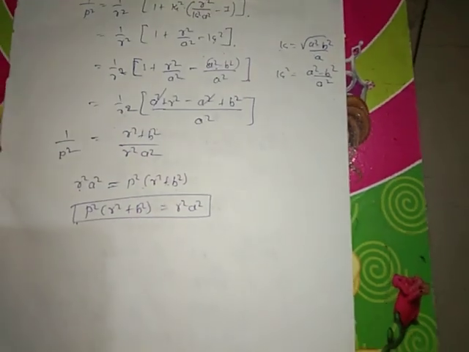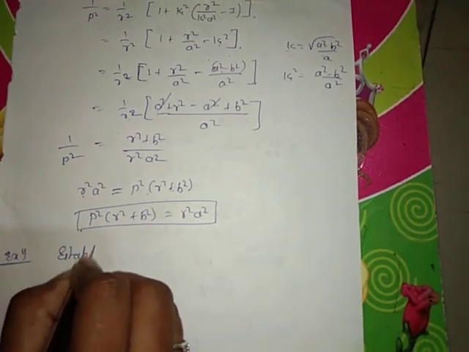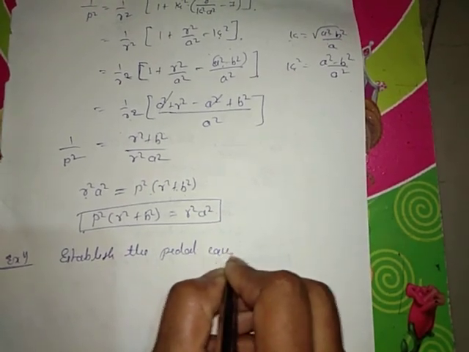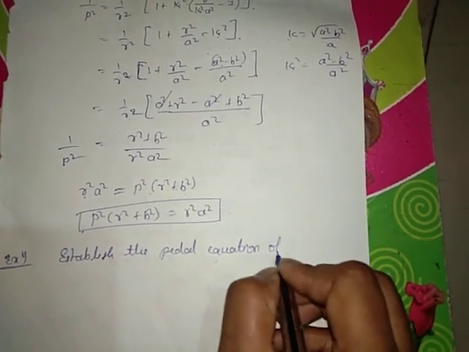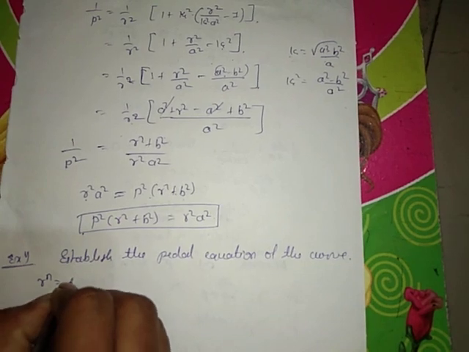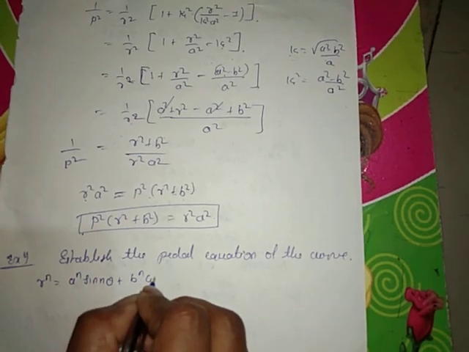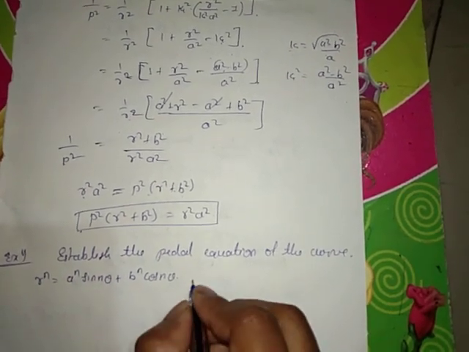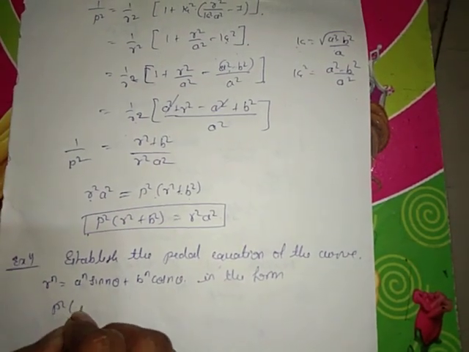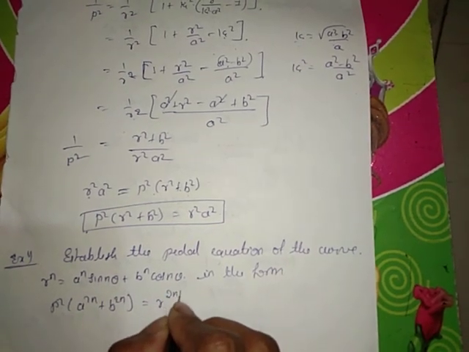So take down the next example here. Establish the pedal equation of the curve r raised to n equals a raised to n sin nθ plus b raised to n cos nθ in the form p square into a raised to 2n plus b raised to 2n equals r raised to 2n plus 2.